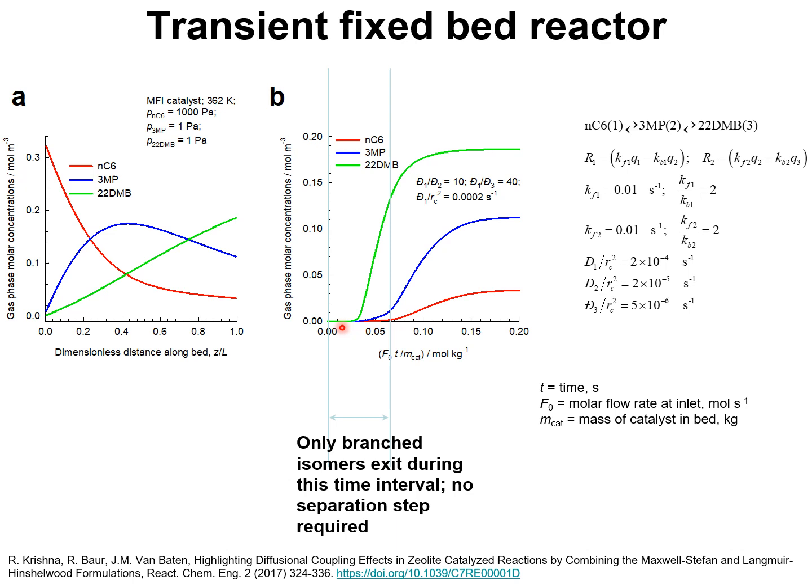During the initial transients, we see that the gas phase exiting the reactor consists predominantly of the 2,2-dimethylbutane that has the lowest diffusivity, a factor 40 less than that of normal hexane, and therefore the 2,2-dimethylbutane that is produced within the catalyst gets ejected from the catalyst particles into the gas phase and can be collected from the gas mixture exiting the reactor.